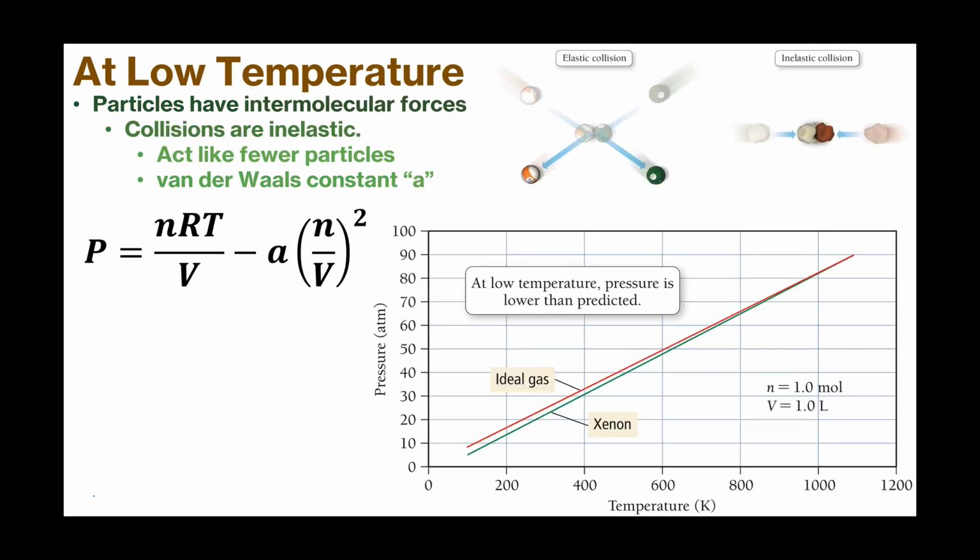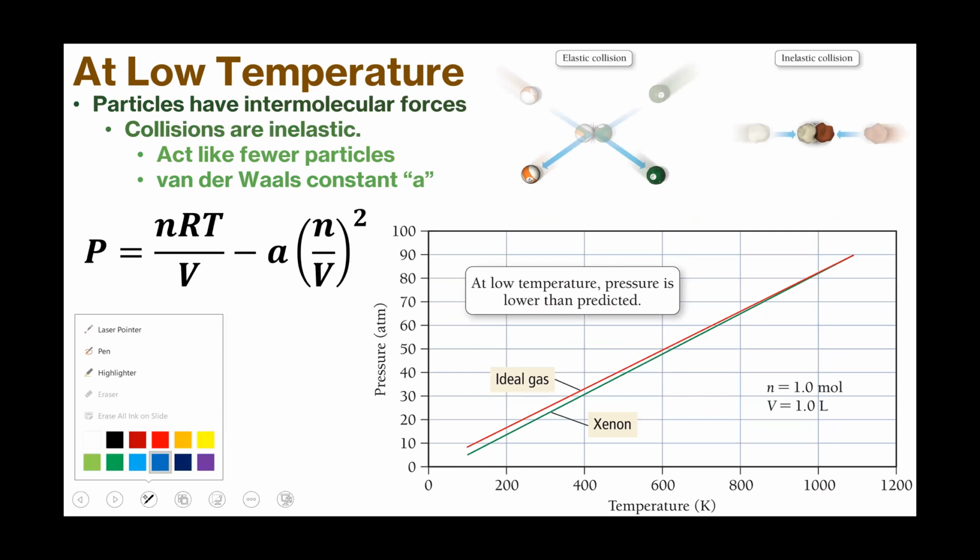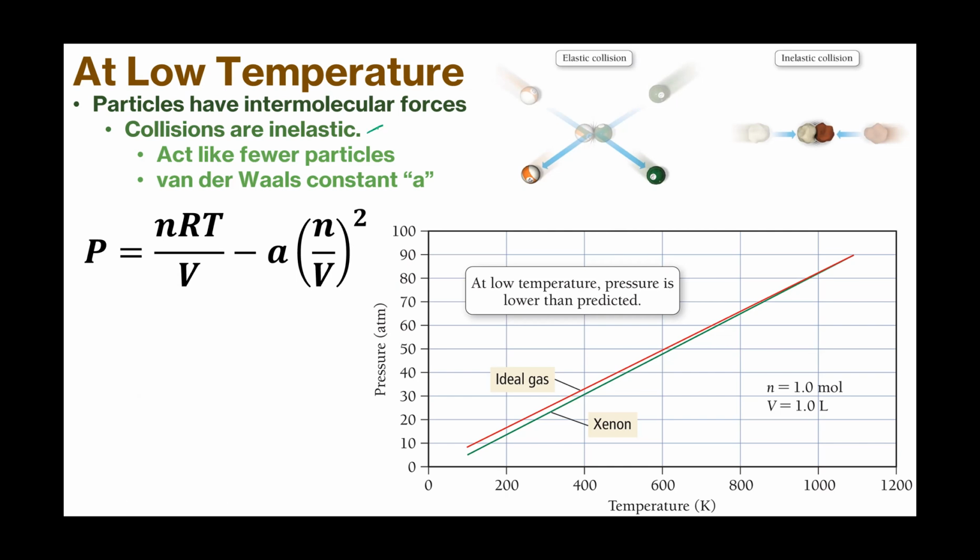If we go to low temperature, then the particles start to act like their intermolecular forces are working. Our collisions are no longer elastic. So instead of bouncing off each other, our particles stick together. When they stick together, they act like they are fewer particles than they actually are, because you literally have two particles that collide and stick together, and now they're acting as one particle.